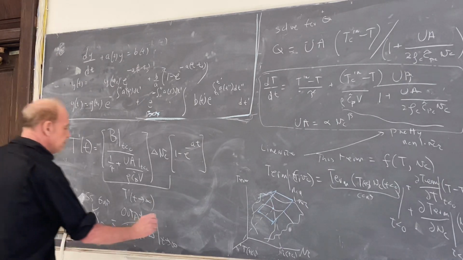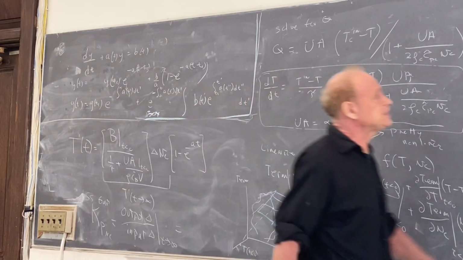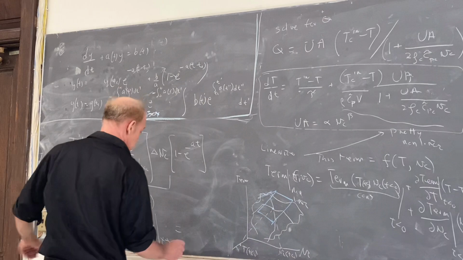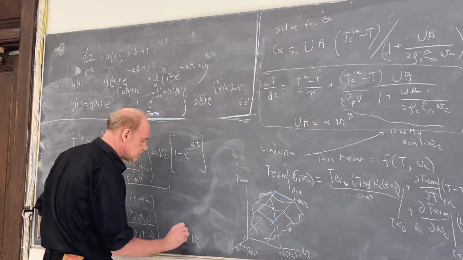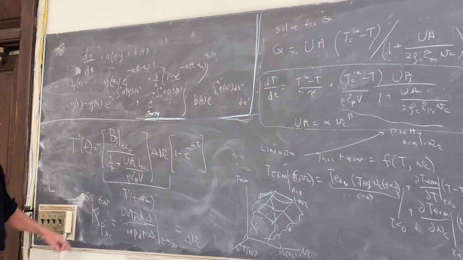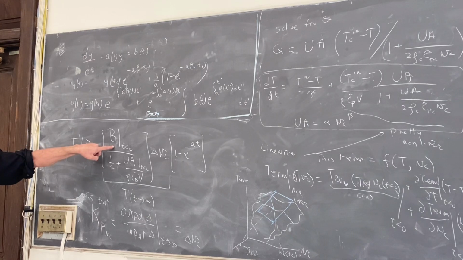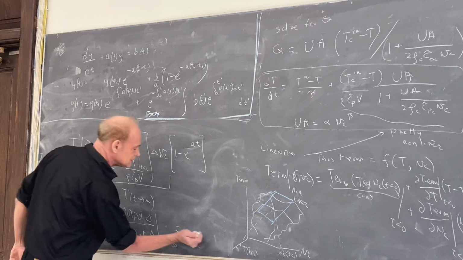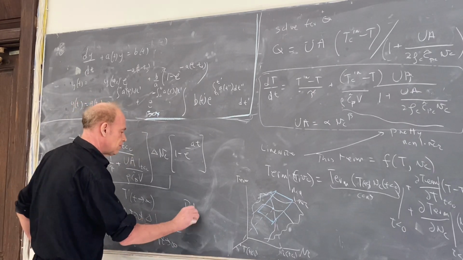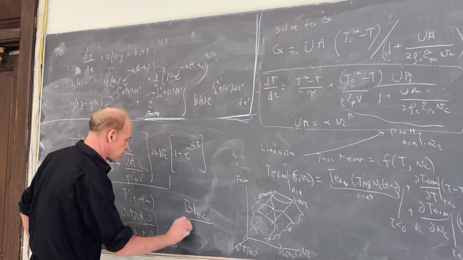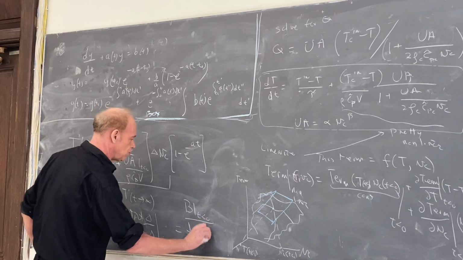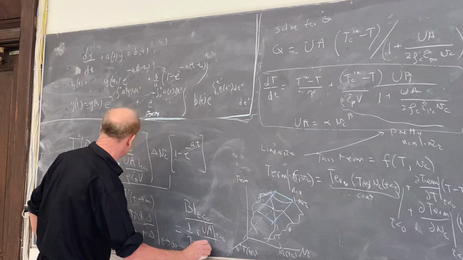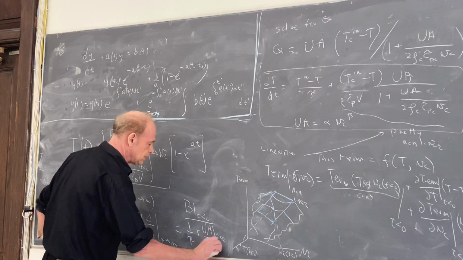Well, the change in the input, in this case, is just delta Vc. And the change in the output is just this thing, it's T prime. So if I take this thing and I divide by delta VC, I just get B for t less than 0 divided by 1 over tau plus UA at t less than 0 over rho Cp hat V.